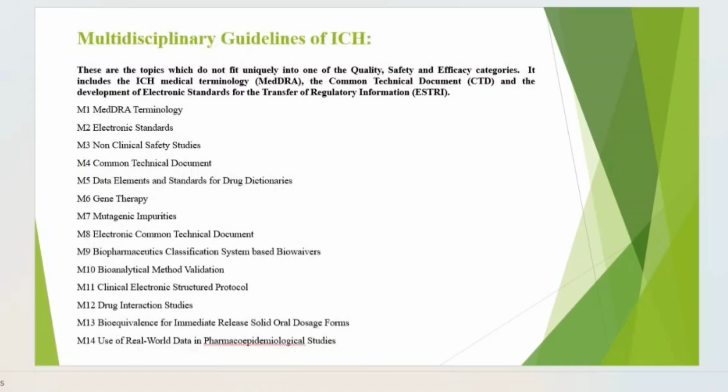That is M4, the common technical document, which is related to the format of the dossier, and M9, that is the biopharmaceutical classification system based biowaivers. So these two guidelines we will see in the multidisciplinary section. Multidisciplinary guidelines are the guidelines mainly on different topics.